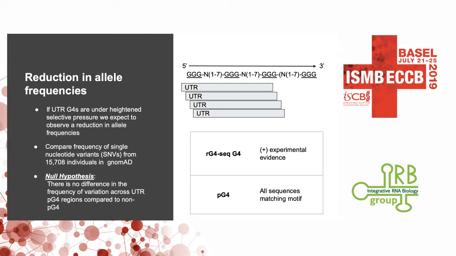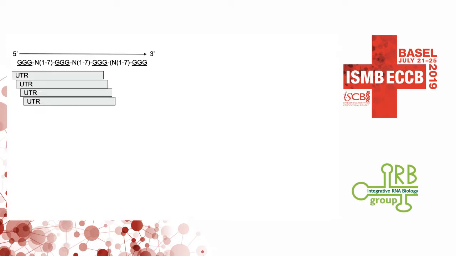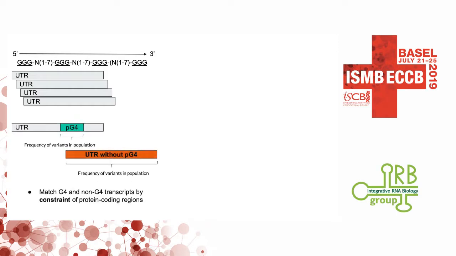Our null hypothesis is that because there's no difference in the strength of selection acting over these regions, we should not observe a difference in allele frequencies across G4 versus non-G4 forming regions of UTRs. So we take our mapped G4s, and then we additionally match our G4 versus non-G4 UTRs by the degree of protein coding constraint acting on their protein coding genes.